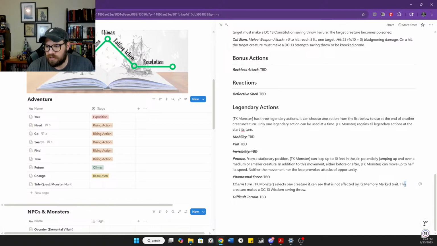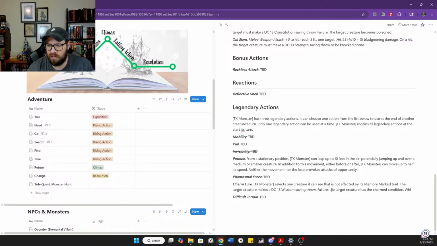We shouldn't say this. We should say the target creature. Keep our nomenclature consistent. The target creature makes a DC 13 wisdom saving throw. On a failure, the target creature has the charmed condition.